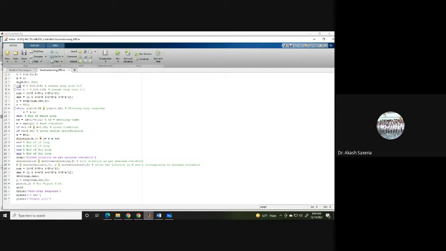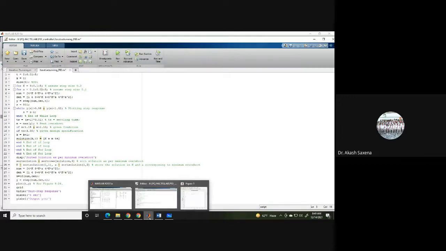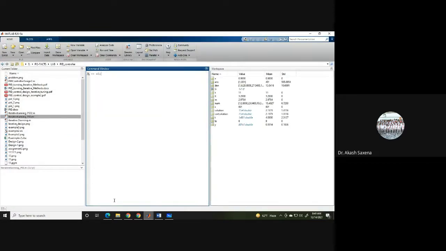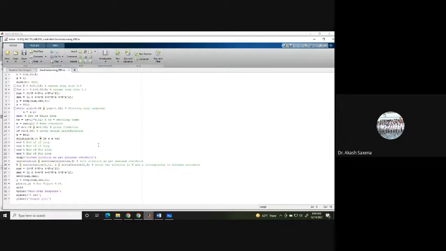Now I will do the experiment with this. What I do here, you see the value of this particular loop is showing this. If I just change this step from 0.1 and reduce it to 0.01, I will be getting more solutions. So let me write CLC and clear this, and let me run this particular program.